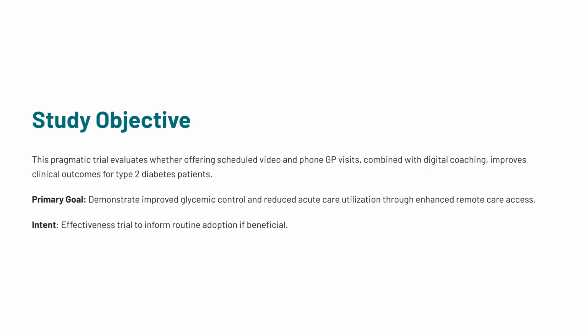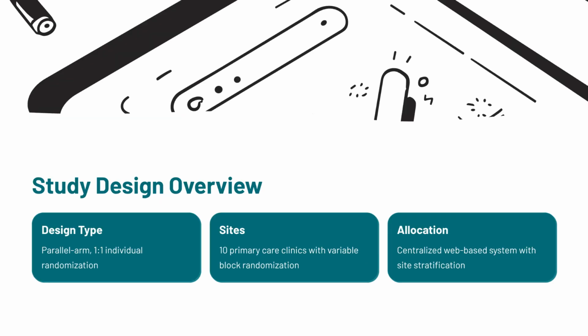Do we see better A1C and fewer acute care visits over 6 months? Design-wise, REVID is a parallel arm RCT, one-to-one individual randomization, 10 outpatient clinics, centralized allocation, and, yep, variable block sizes to keep balance while avoiding predictability.